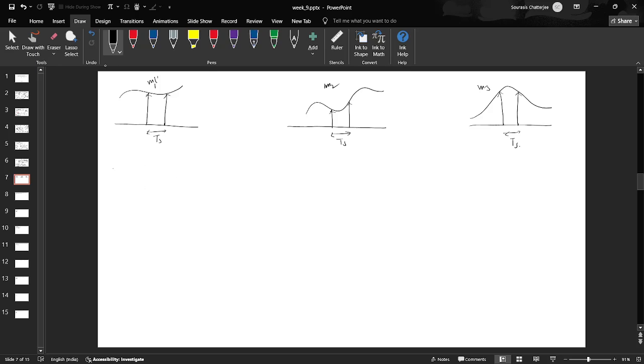So how should my composite signal look? Something like this. The composite signal is basically made up of all these samples.